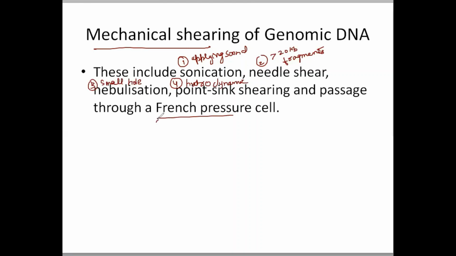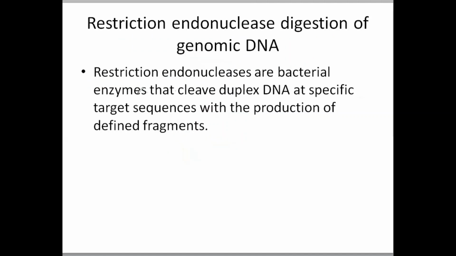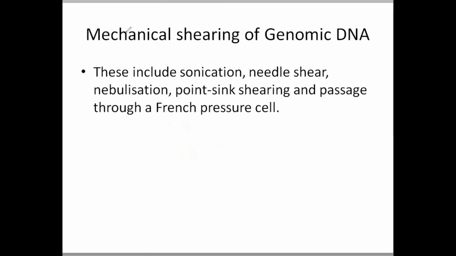Next, we pass the DNA through a French pressure cell, where you create a high pressure that makes the DNA shear or break into smaller fragments. Now, remember, whenever you are using restriction endonucleases, you get a defined fragment. While using mechanical shearing, you don't get a defined fragment, you just get a lot of fragments of DNA.